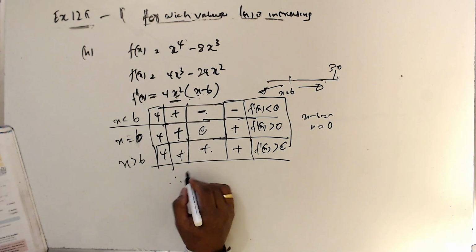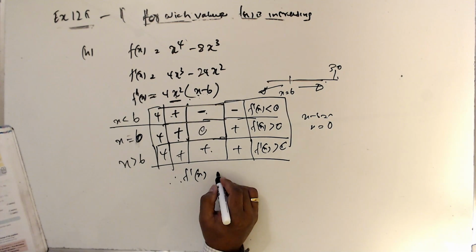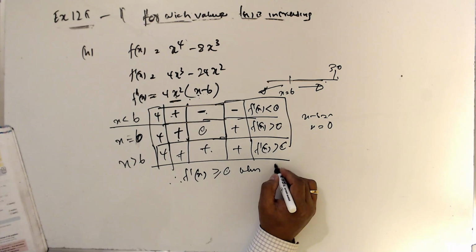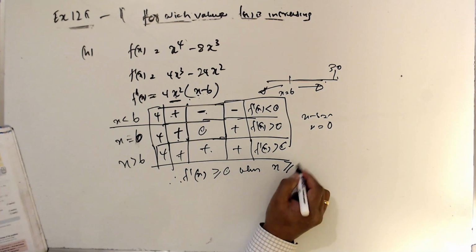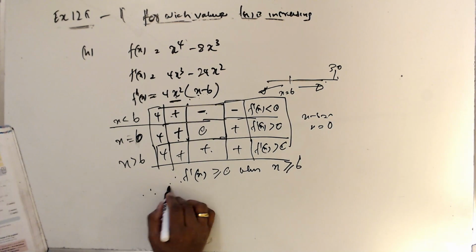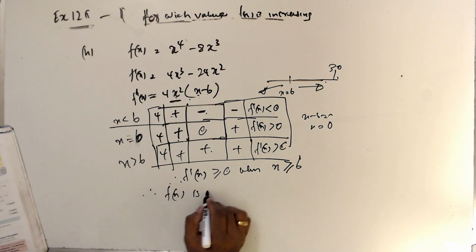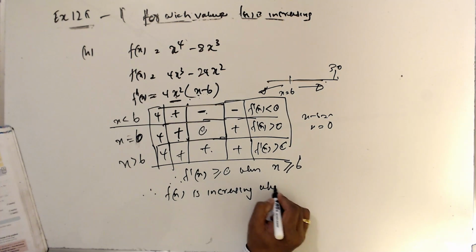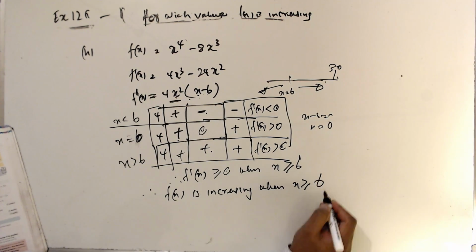Hence f dash x is greater than 0 when x is greater than or equal to 6. Hence f x is increasing when x is greater than or equal to 6.